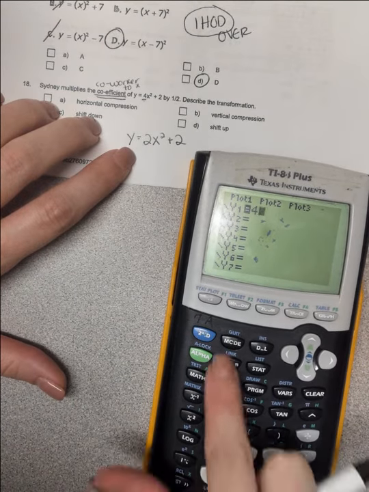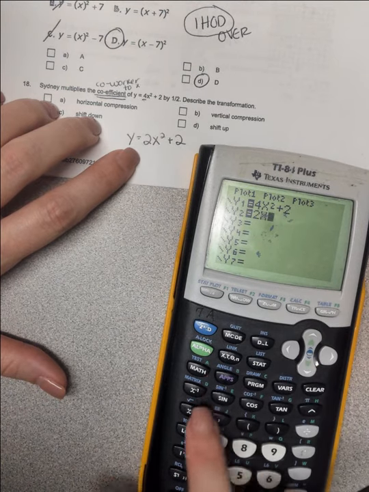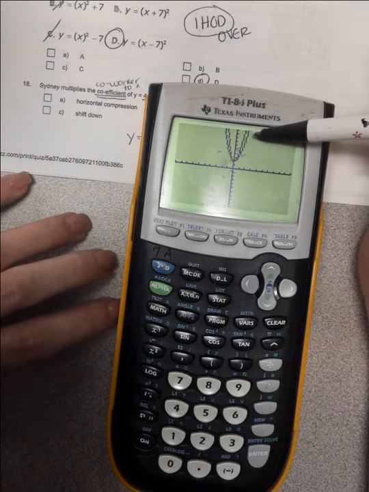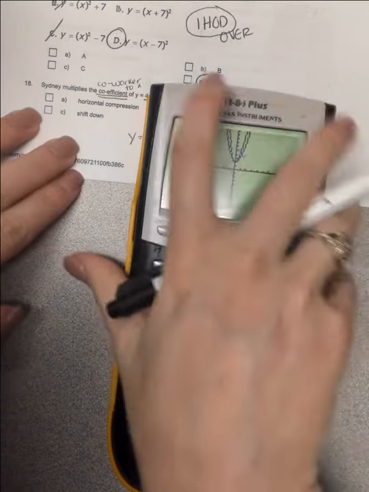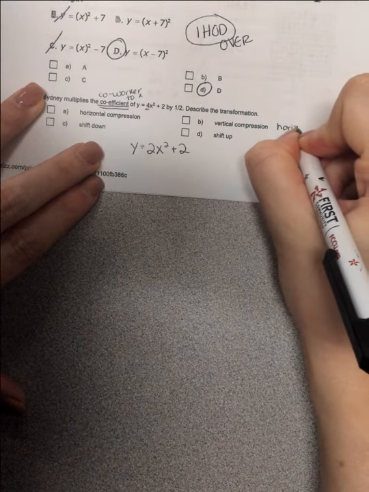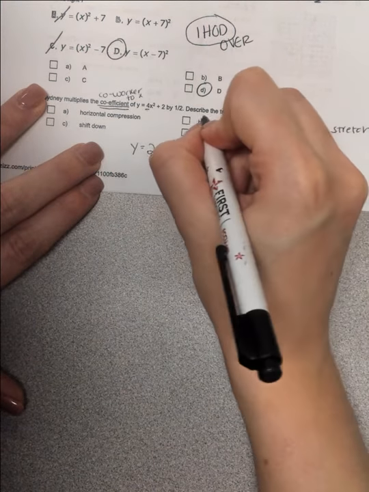We've got 4x squared plus 2, and now we've got 2x squared plus 2. Let's see what happened. So there was the original, there's the new one. So it got wider. So that is a vertical compression, which is the same thing as a horizontal stretch. That is your answer.